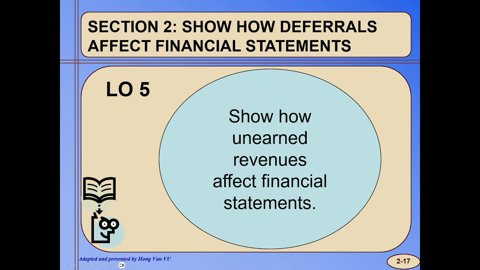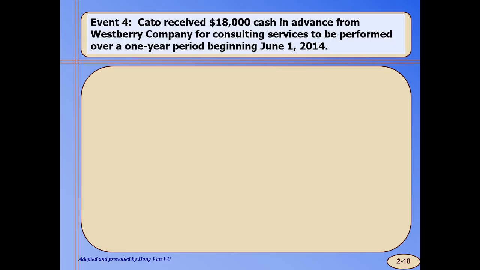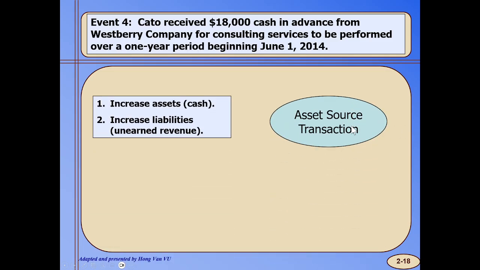Now we move to learning objective number 5. We show how unearned revenue affects financial statements. So, event number 4: Cato received 18,000 cash in advance from Westbury Company for consulting services to be performed over a 1-year period beginning June 1st, 2014.